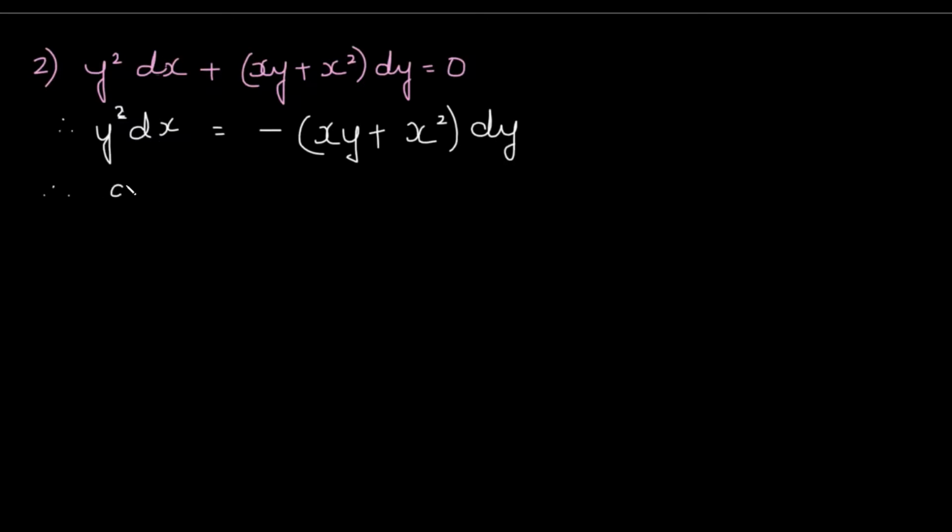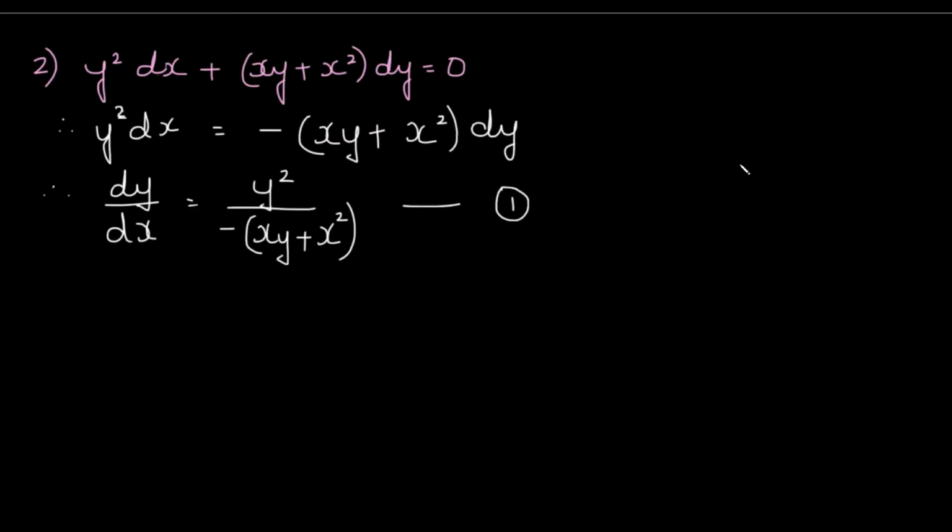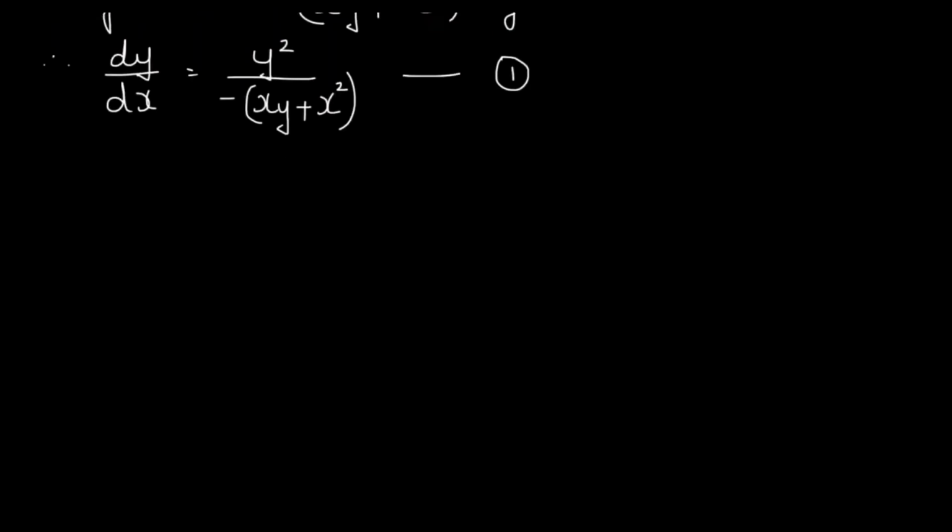So dy by dx is equal to, y square is taken on the other side, so we get y square upon minus xy plus x square. So thus we have written this in terms of dy by dx. Suppose this is our equation number 1, just for convenience we are numbering it.